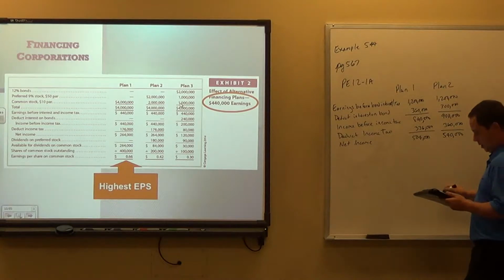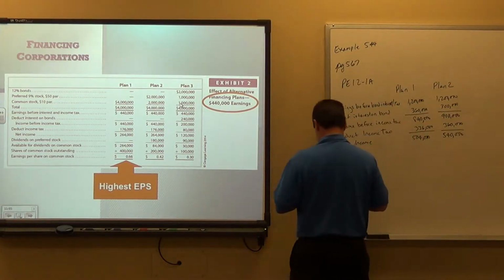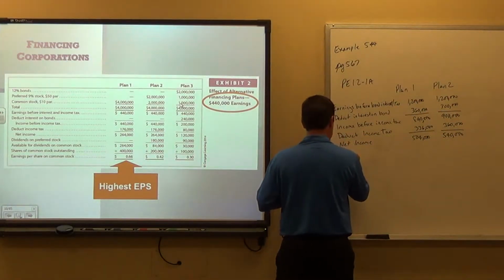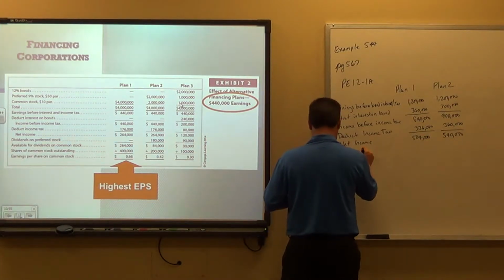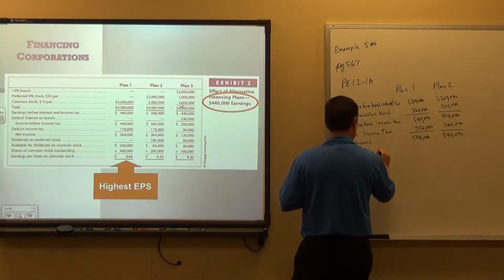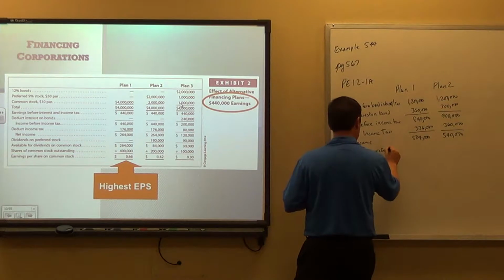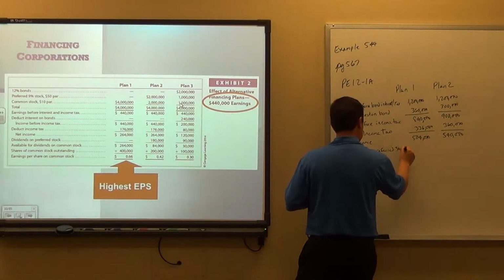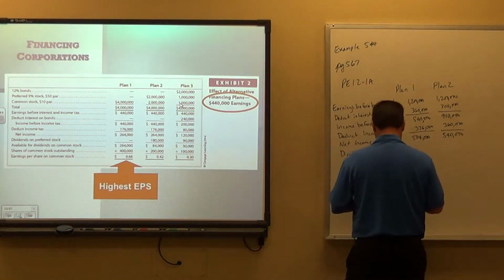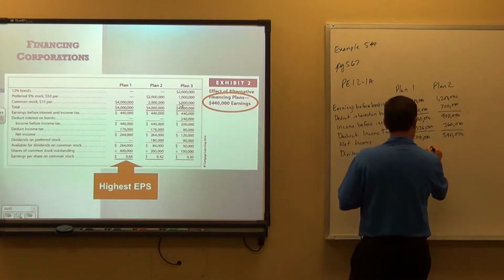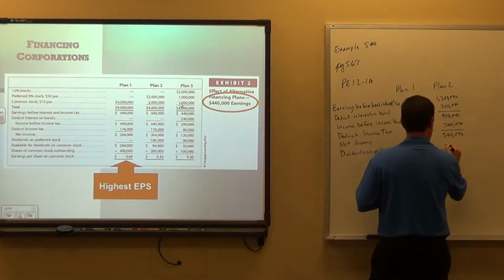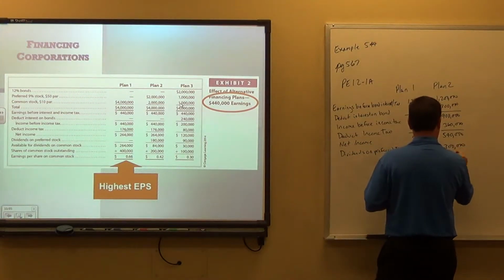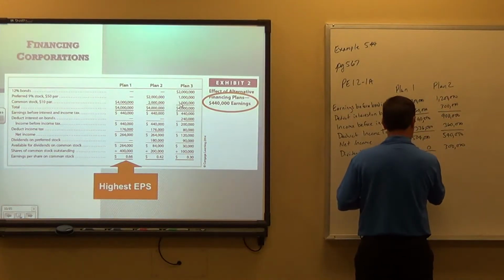And that gives us our net income. And then we have our dividends. You divide by the amount of shares, right? Yes. This is 504.